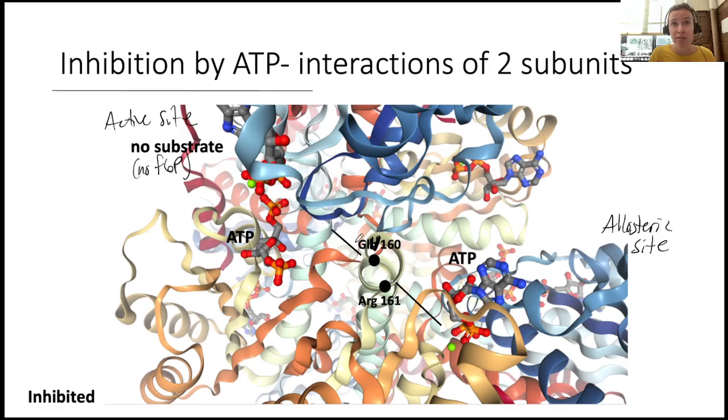That's why we can't have fructose 6-phosphate in there. It would repel through Coulomb's law. But we can also use Coulomb's law to understand what's going on in the allosteric site. Arginine is positively charged. ATP is negatively charged. This would have a strong, favorable, attractive association.